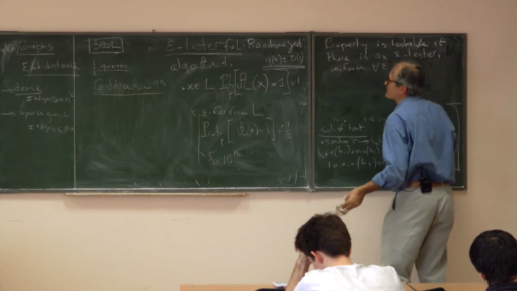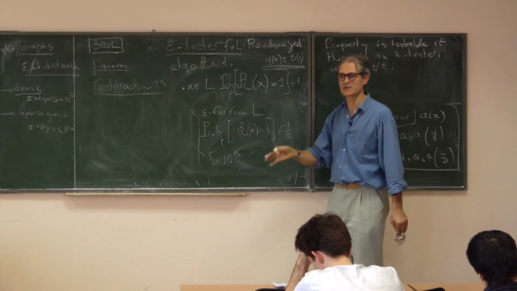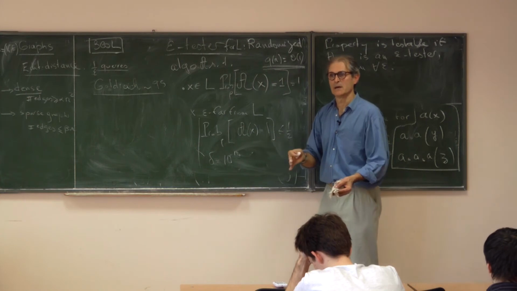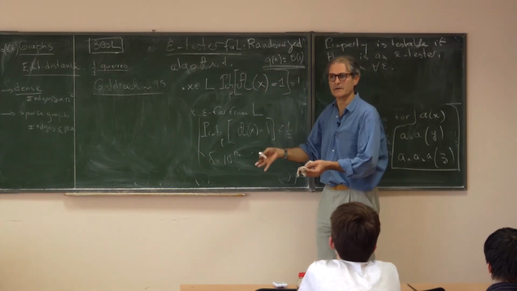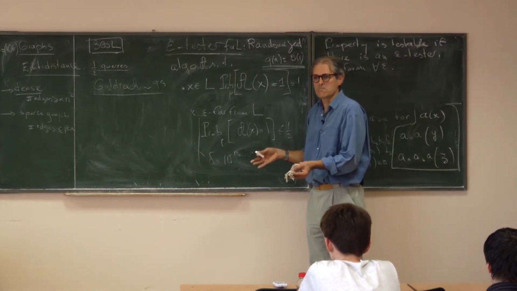In other words, it's the same algorithm. Whatever epsilon, you don't change the algorithm when epsilon changes. Okay? The complexity of the number of queries is going to depend on epsilon. Okay? But that's all. It doesn't depend on n. Okay?